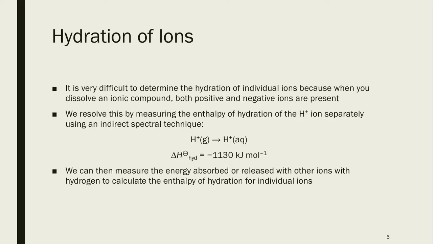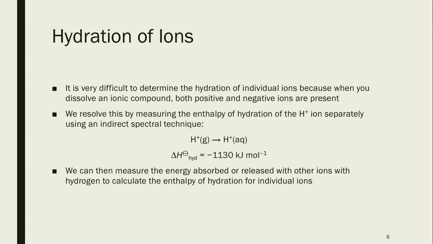It is very difficult to determine the hydration enthalpy of individual ions, because when you dissolve an ionic compound, both positive and negative ions are present. When we dissolve an ionic compound, it breaks up into 2 ions. We resolve this by measuring the enthalpy of hydration of the hydrogen ion separately using an indirect spectral technique.